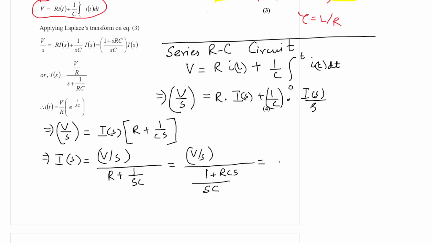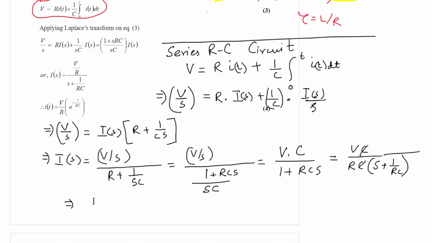This S and S cancel, so it will be V over 1 plus RC into S. If you take RC common, it becomes S plus 1 by RC. So the final expression of I(s) becomes V by R into 1 by S plus 1 by RC.